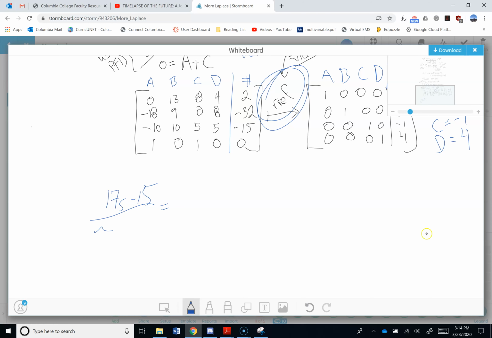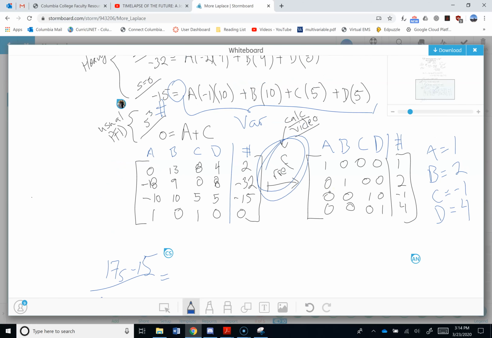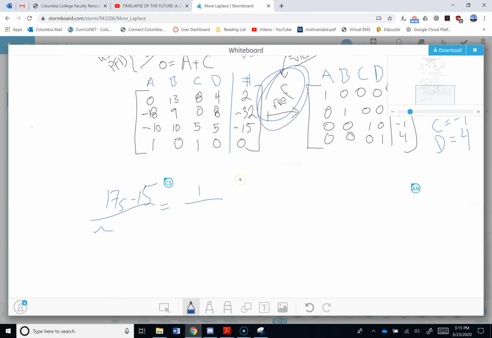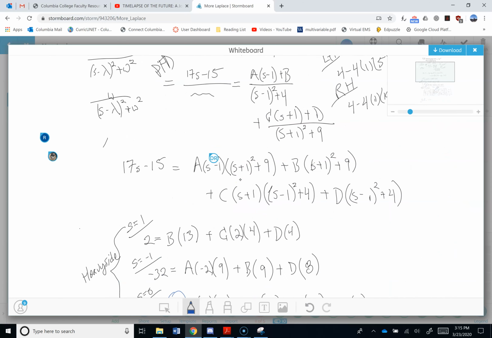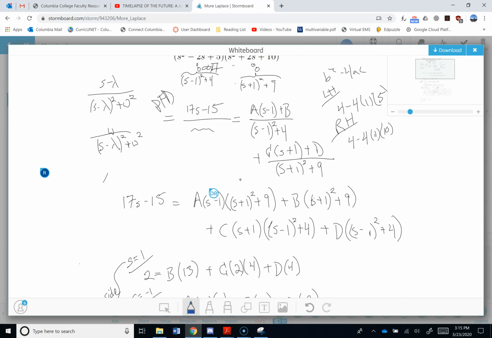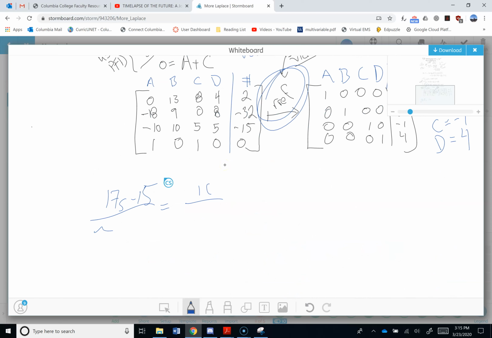I had 17s minus 15 over some stuff. And now I'm saying that's equal to, let's see, A is 1, and A was times s minus 1 over s minus 1 squared plus 4. So that was 1 times s minus 1 over s minus 1 squared plus 4, plus B is 2, over s minus 1 squared plus 4.